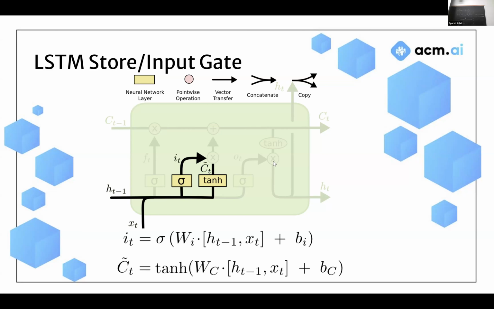The important thing to remember is that the new value of our cell state is going to be the original value of the cell state multiplied by how much we want to forget it, plus the current candidate value times how much we want to remember. So you have those two components: the original that you forget a little bit, and then your update times however much you want to remember, which is reflective of the update you want to make.